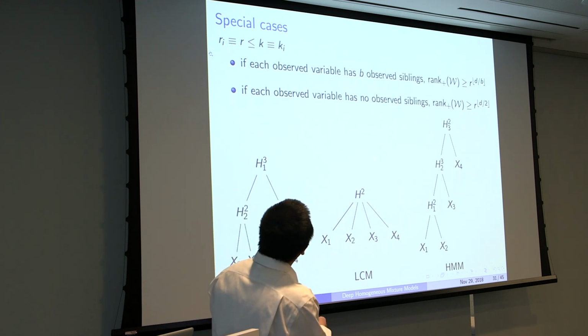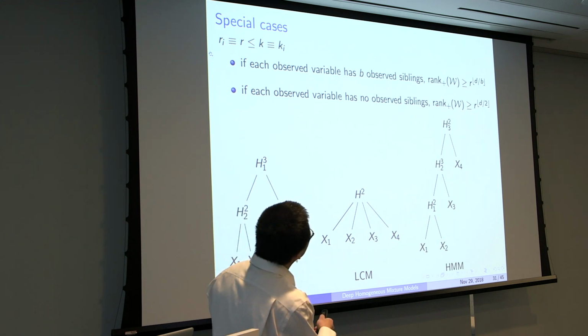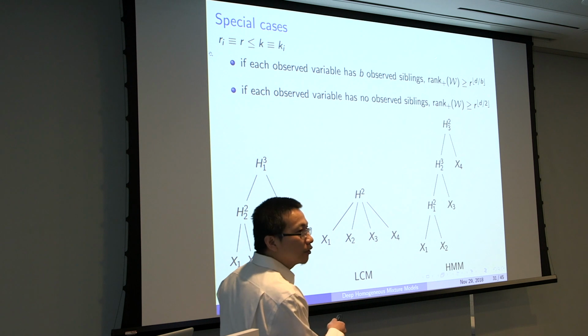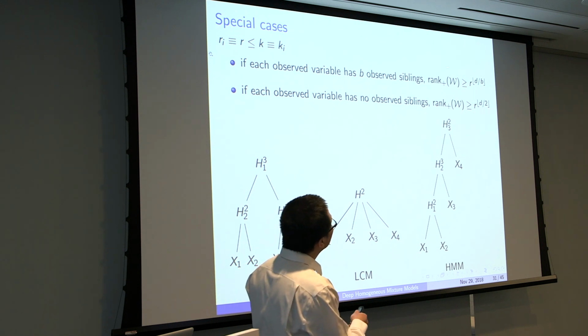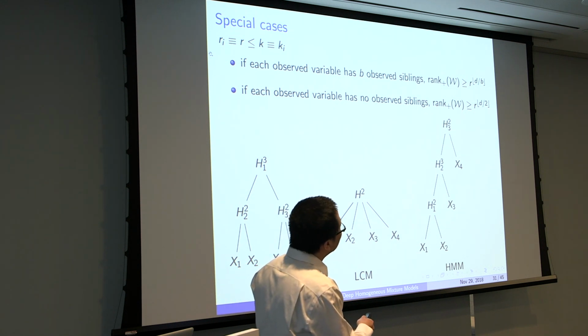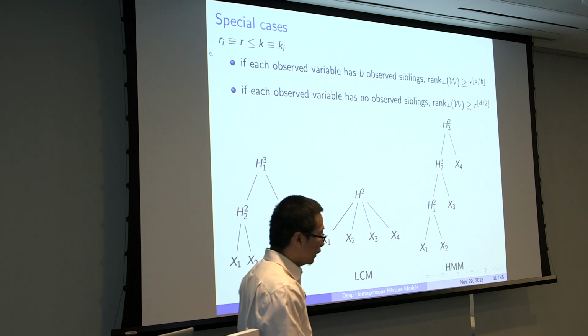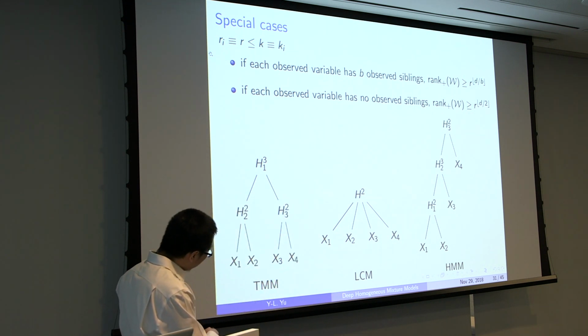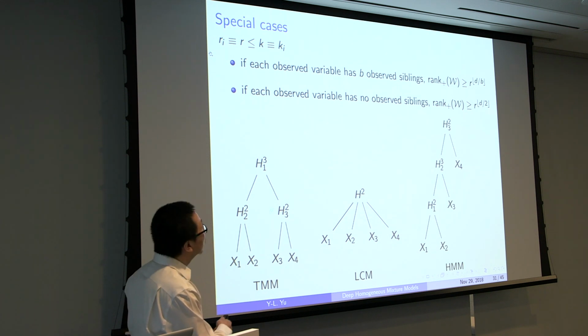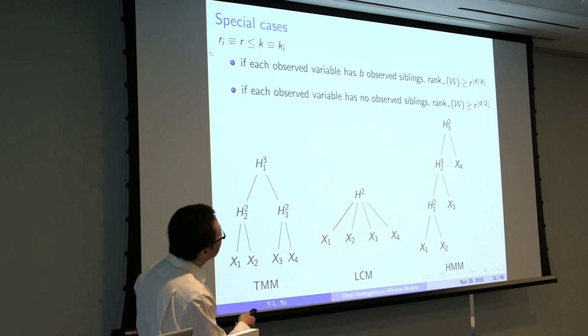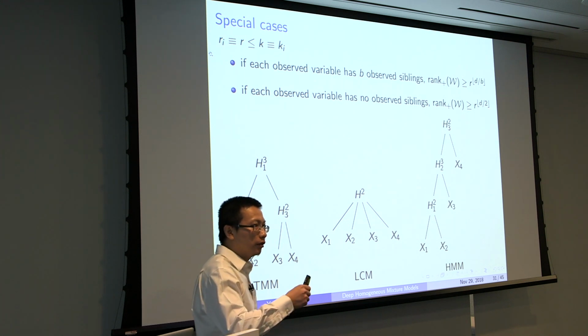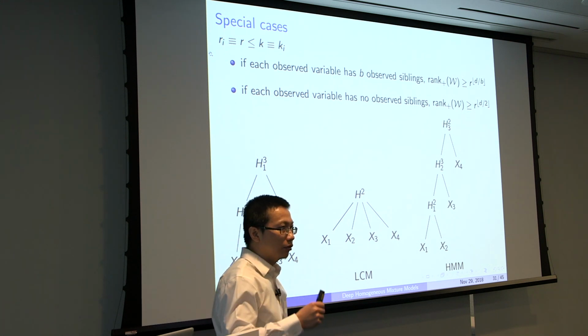and you count how many siblings each observed variable xi has. In this case, if each observed variable has, say, b observed siblings, then you can actually prove the rank is at least r to the power of d by b. So in this case, each observed variable xi has 1 sibling. So b is 2. So the rank is at least r to the power of d divided by 2.